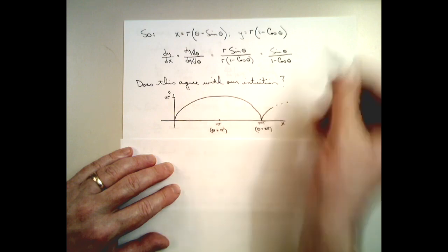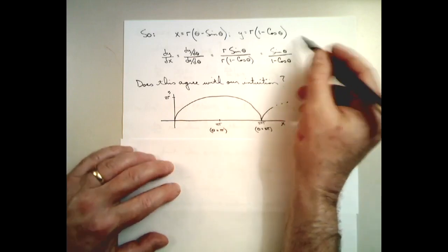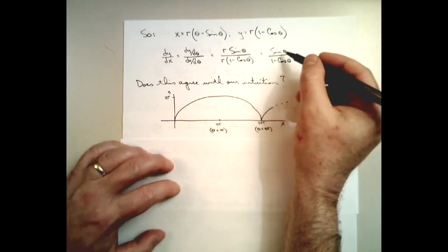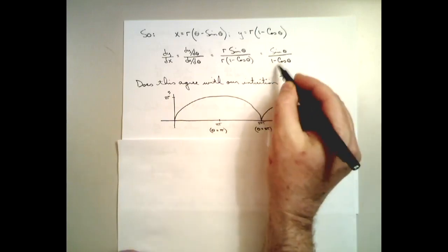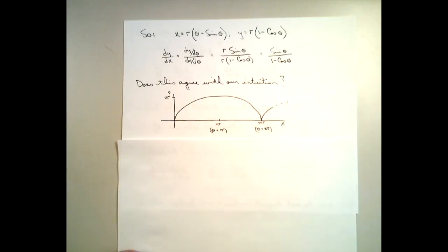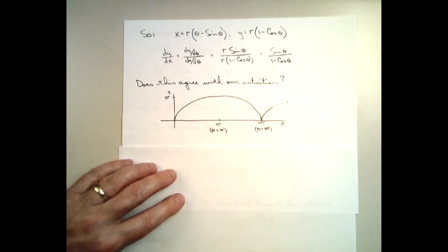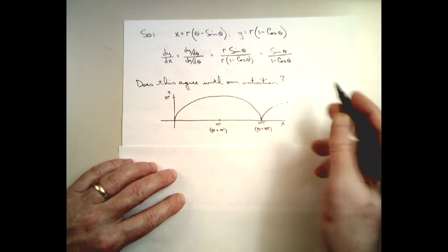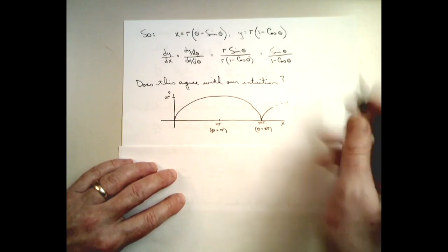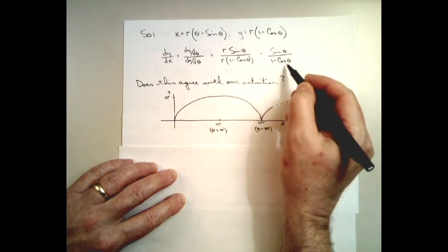So whenever theta is pi, the numerator here is sine of pi. The denominator is 1 minus cosine of pi, right? Well, let's see. Sine of pi is 0, and cosine of pi is -1.